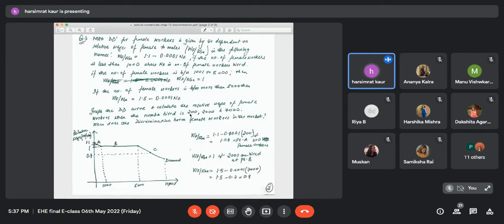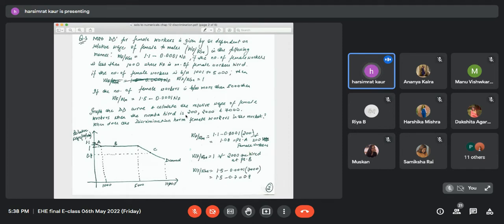So, guys, when NF is less than 1000, which equation will I utilize to find the demand function? First, they are asking to find the relative wages, or the demand curve, when the number of labor is 200.